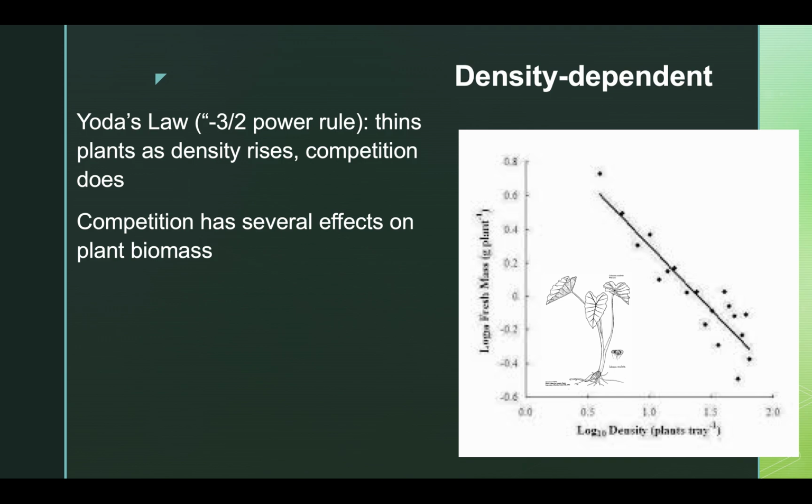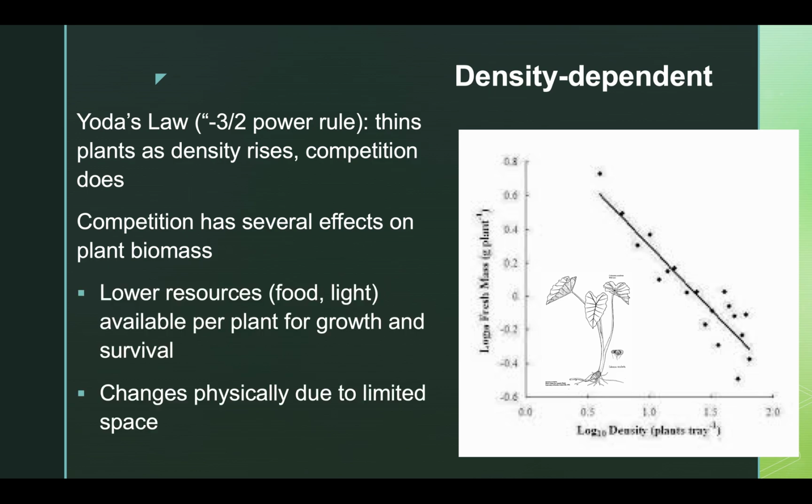I know this figure is kind of funny, it's not a super great figure, but you can see on the x-axis that as the density of the plants increases, the mass of the plants decreases, right? As plant density rises, there's more and more competition, which has all these effects on plant biomass.